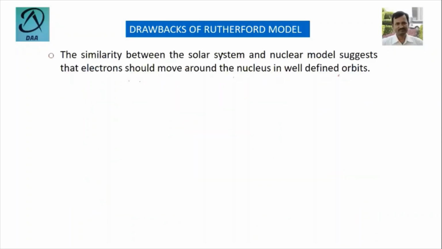Now the similarity between the solar system and the nuclear model suggests that the electrons should move around the nucleus in well-defined orbits.